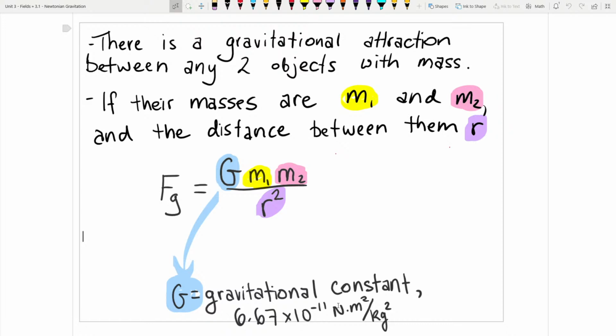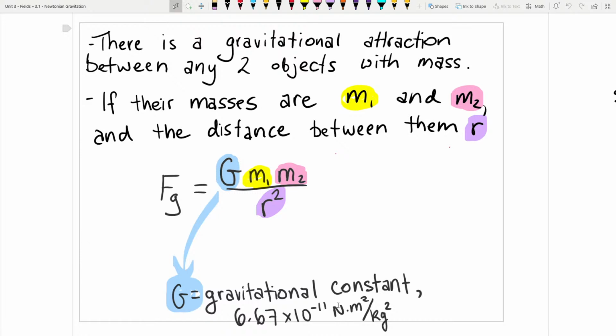Note that the mass doesn't have to be equally distributed. You get the same amount of gravity from this as you do from this. If this is 50 kilograms and that's 50 kilograms, but that's 99.99 kilograms, and that's 0.01 kilograms.